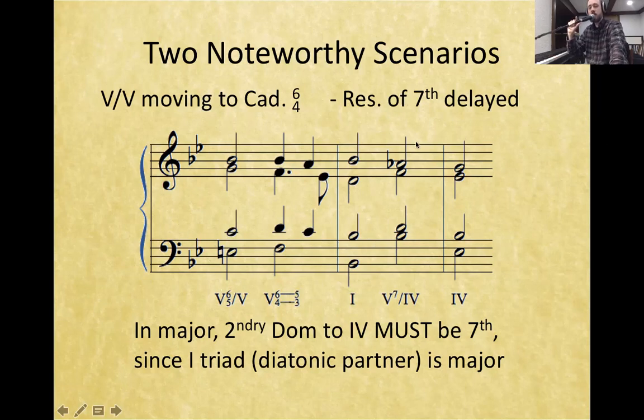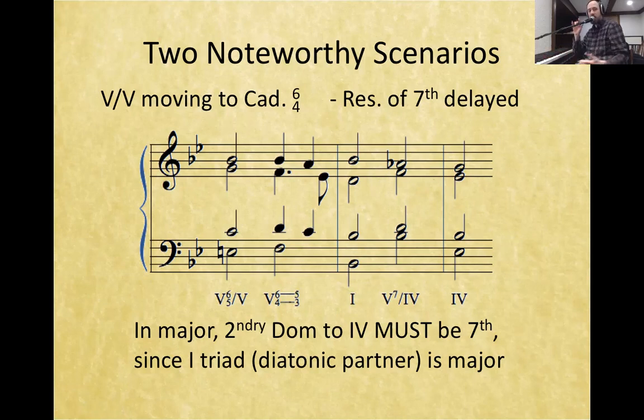If we tried to do the same here with the 5 of 4 and said, I don't want to do a 7th, I don't want to have a 5 7 of 4 chord, I just want to have 5 of 4. Well, this chord and the 1 chord would be spelled the exact same way. We'd be moving through the cadential 6-4. Here comes 1. And this would be our 5 of 4 chord.